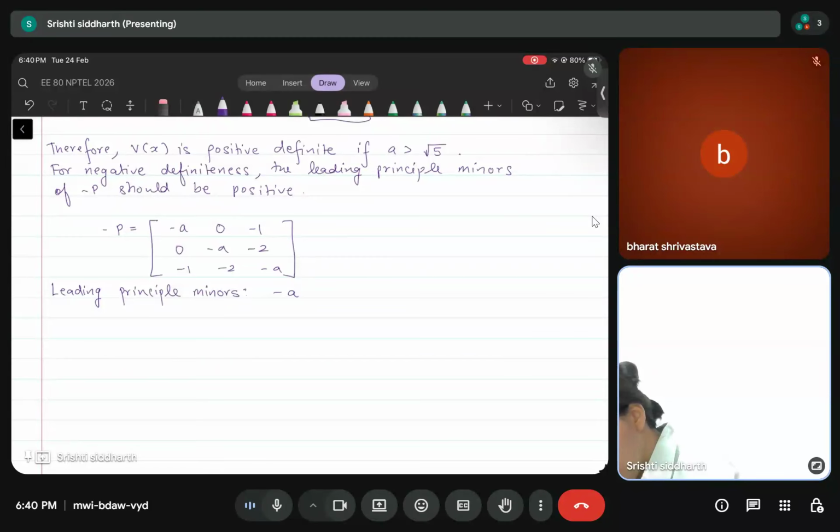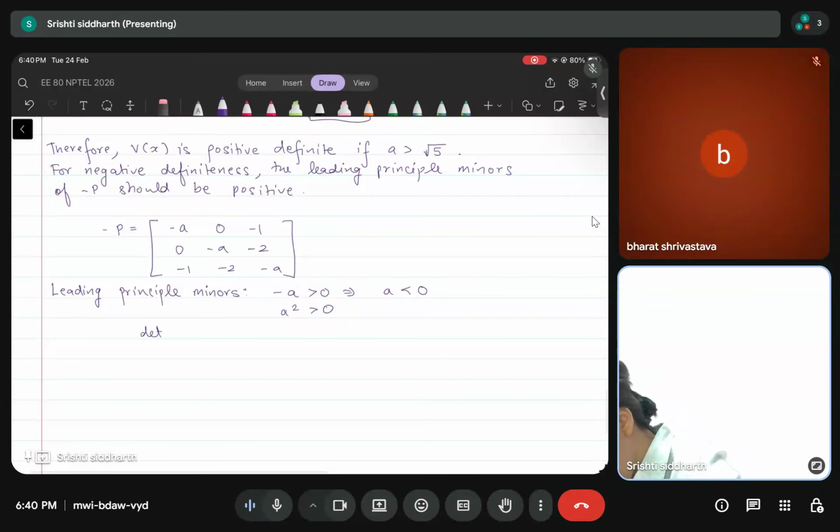minus a. This should be greater than 0, which implies that a should be less than 0. Then we have a square should be greater than 0. And finally, the determinant of minus P, right?